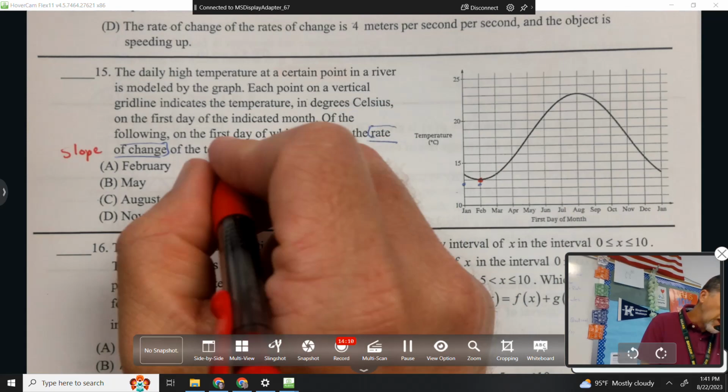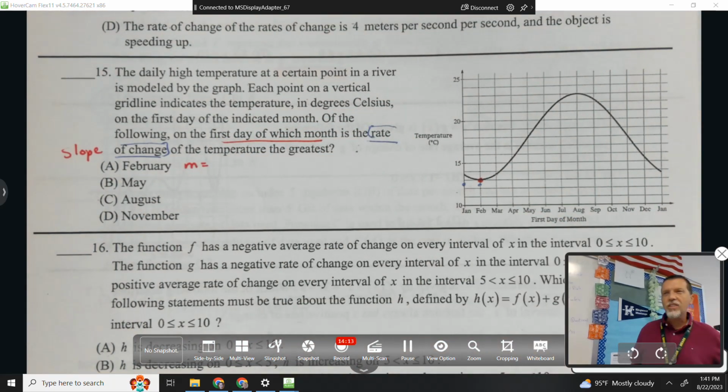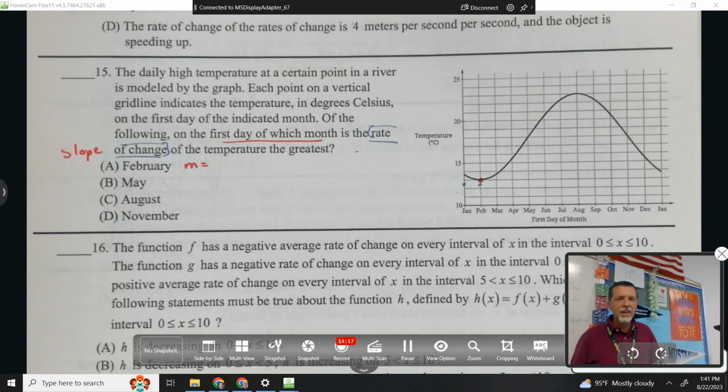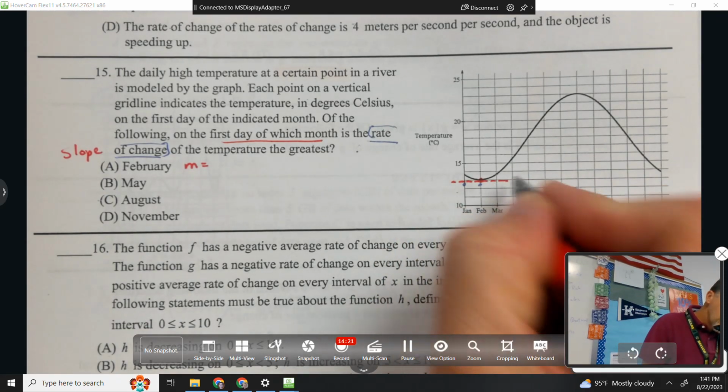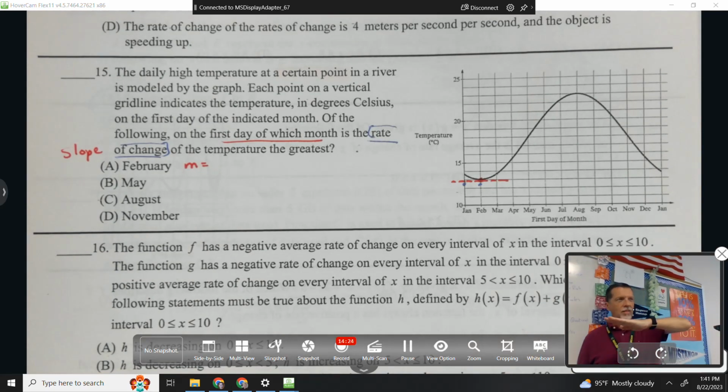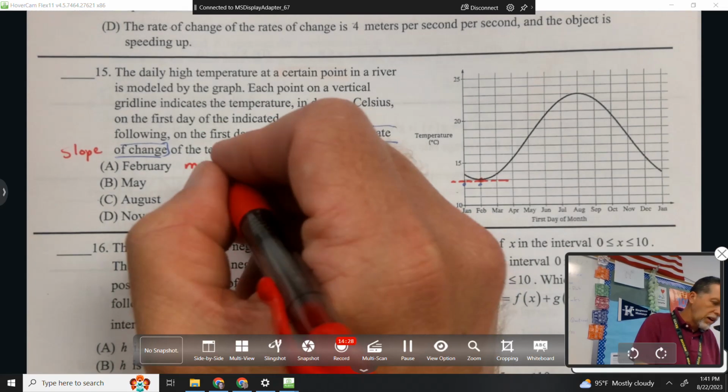Well, the first day of February, what's that instantaneous slope? What's the tangent line slope on February 1? I think it's 0. I think the tangent line slope is 0 on the first day of February.